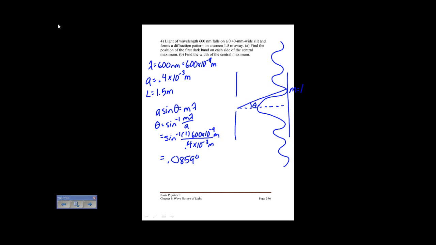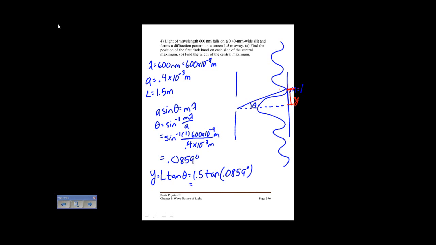And then I also want to find out what is y. That is, what is this distance, y. Y is equal to L tan theta. L is 1.5 times tangent of 0.0859.